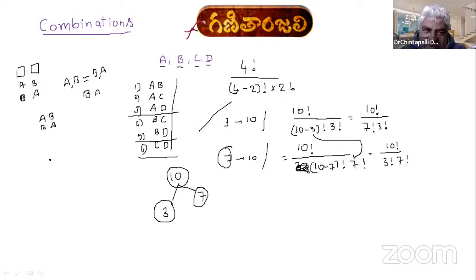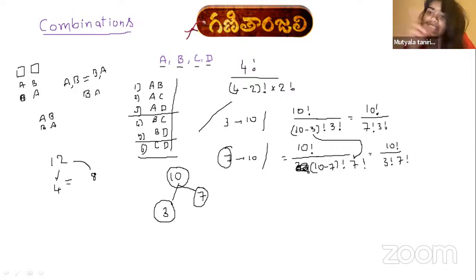Now another example: if you have 12 things and you need to select 4, selecting 4 things out of 12 is also equal to selecting 8 things, since selecting 4 means not selecting 8.